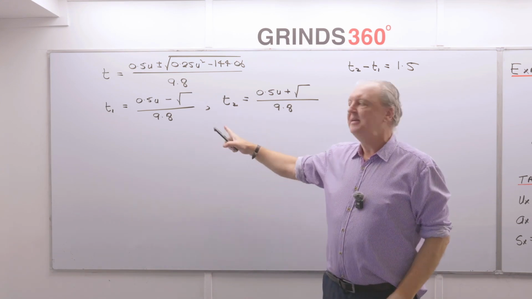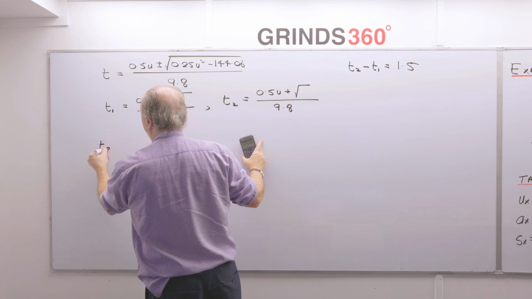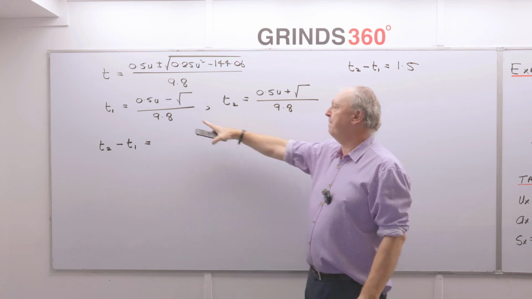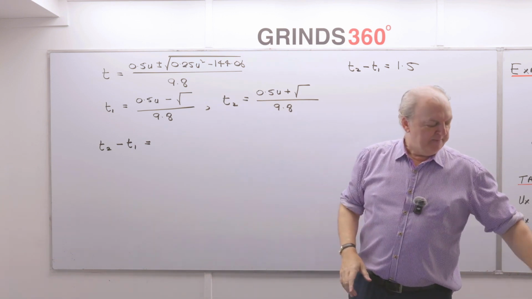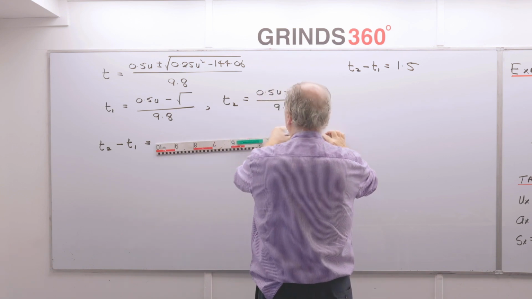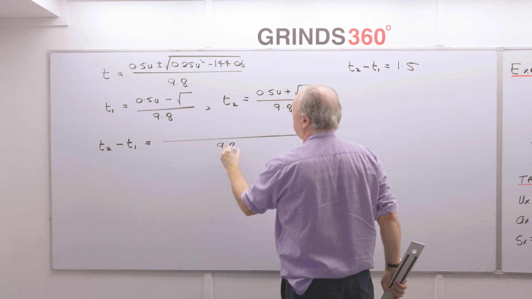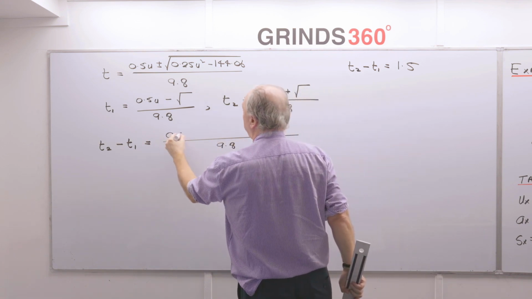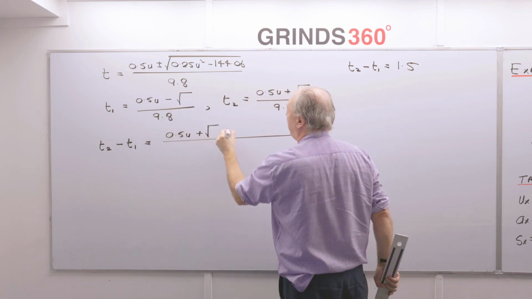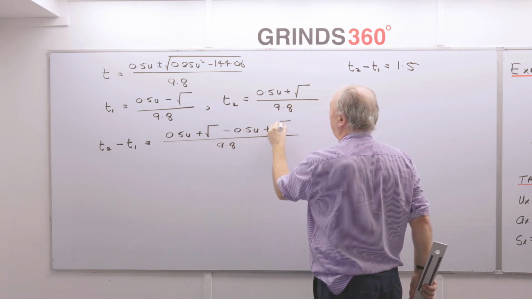So we take away these two, T2 minus T1. So T2 minus T1 is equal to that fraction minus that fraction. They're both over 9.8, so the whole lot will be over 9.8. So it's going to be T2, which is 0.5u, plus the square root, minus T1, which is minus 0.5u, minus minus is plus the square root.